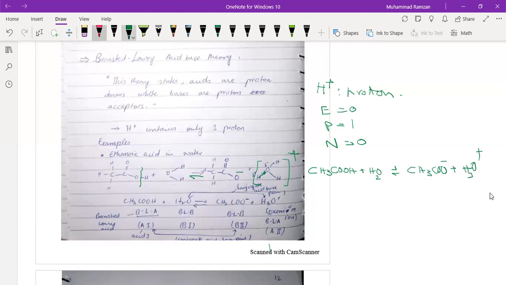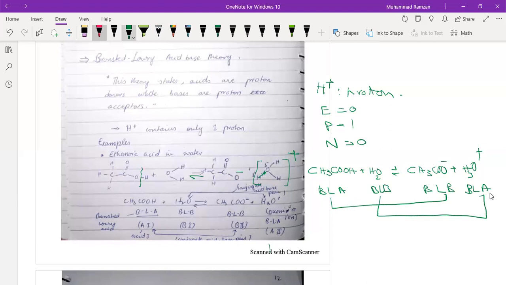According to definition, this gives H plus, CH3COOH is called Bronsted-Lowry acid. This is Bronsted-Lowry base. Why? Because it accepts H plus and changes into this. For backward reaction, this is Bronsted-Lowry base. This is Bronsted-Lowry acid. And it will pair up. Acid of left side becomes base on right side. Base of left side becomes acid on the right side.